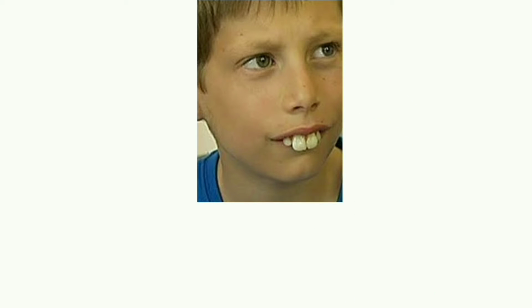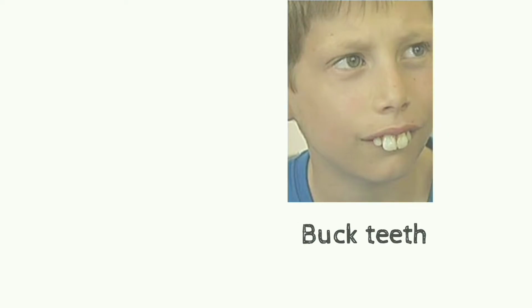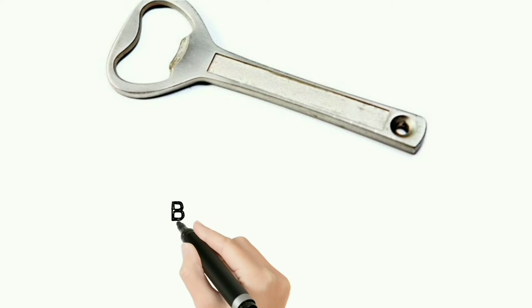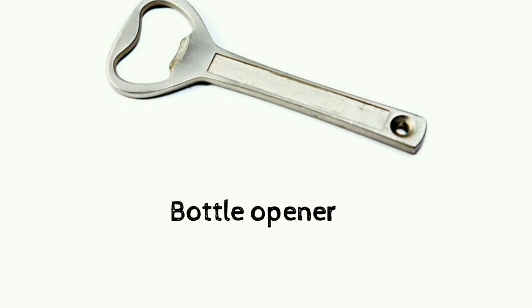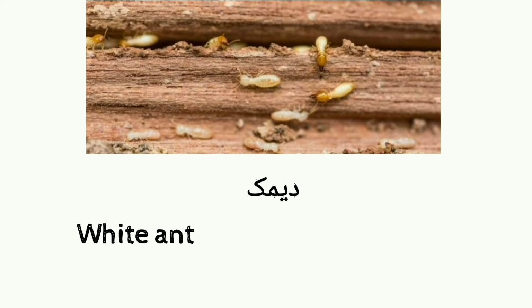Buck teeth. The upper teeth project over the lower lip. Bottle opener. White ant or termite.